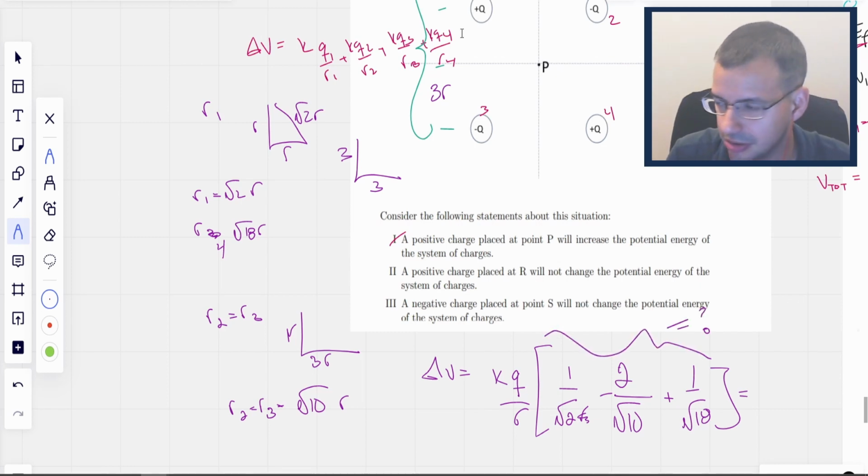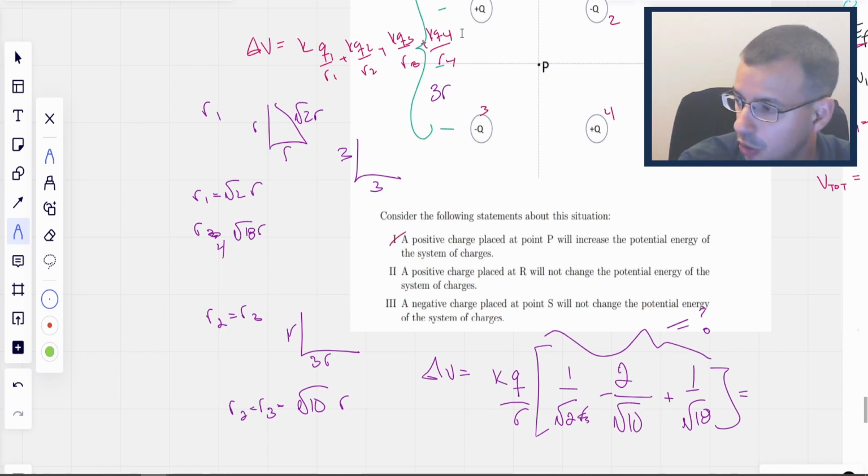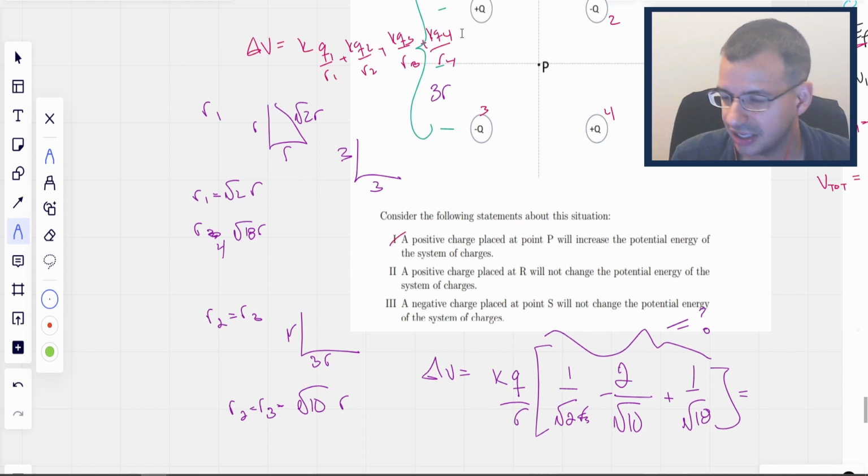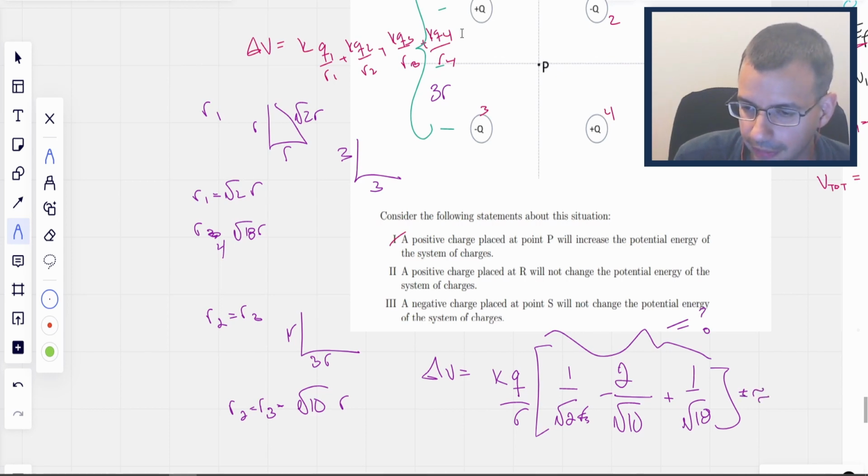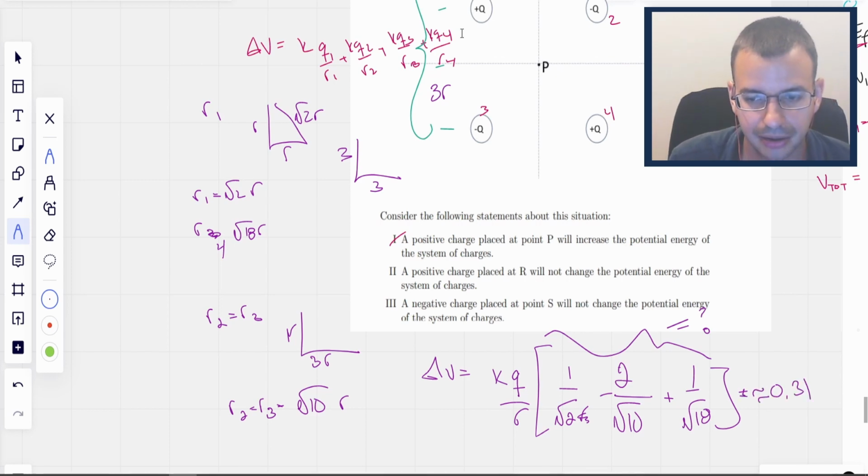And I don't think it does, but I'm going to throw in a calculator anyway. 1 over square root of 2 minus 2 over square root of 10 plus 1 over square root of 18, and I get approximately 0.31, which is specifically positive, but not negative, or not 0.